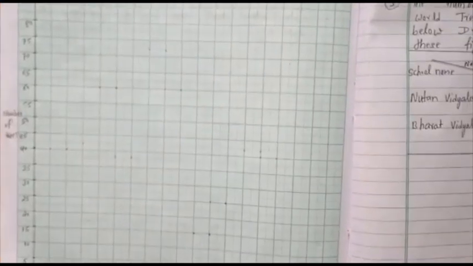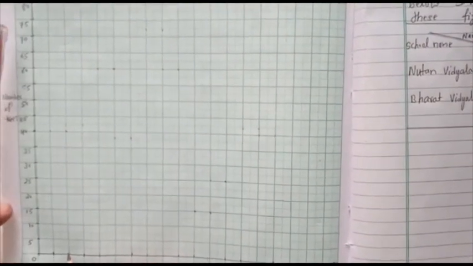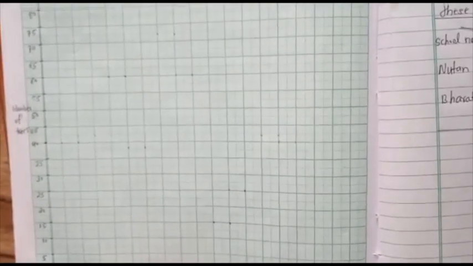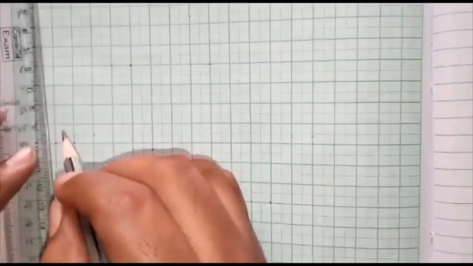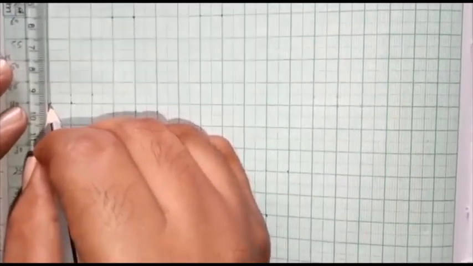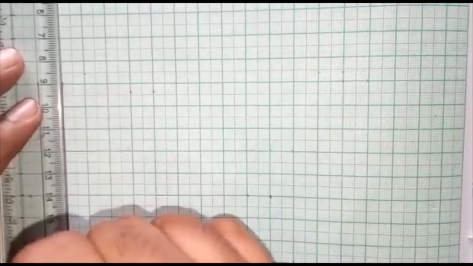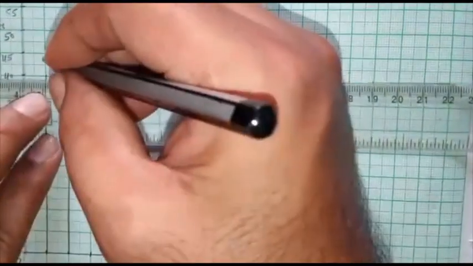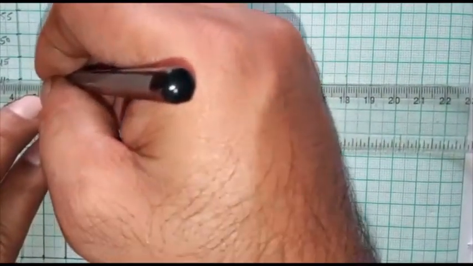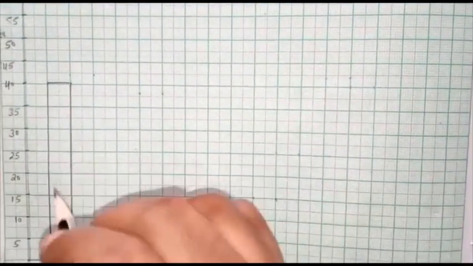First, Nutan Vidyalaya is given 40. So we take half a box, meaning 1 box, for the Nutan Vidyalaya. What is given? 40. So first draw the 40 trees. Now next, Bharat Vidyalaya is given 42.